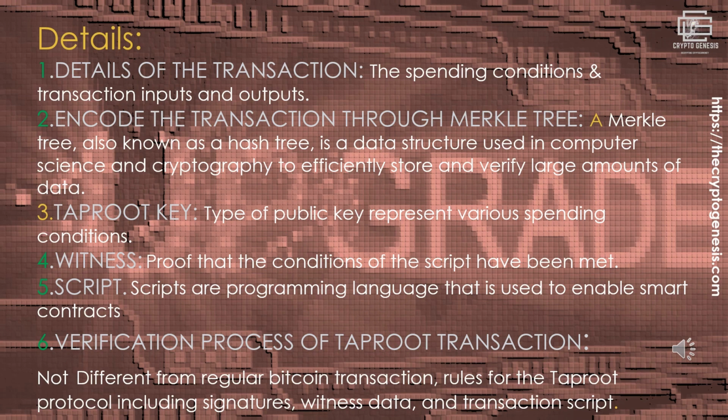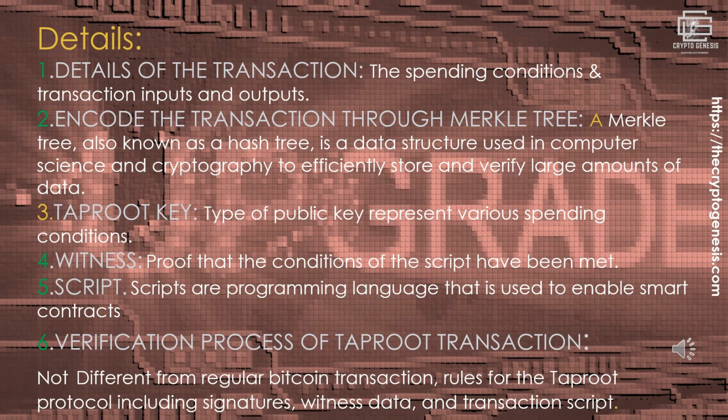Taproot key is a new type of public key that represents a complex script that can encode or convert various spending conditions. Witness. The witness is a piece of data that provides proof that the conditions of the script have been met. Scripts. Scripts are a programming language that is used to enable smart contracts on the blockchain network, which are self-executing contracts that can automatically execute when certain conditions are met.